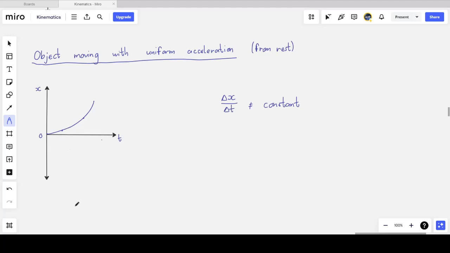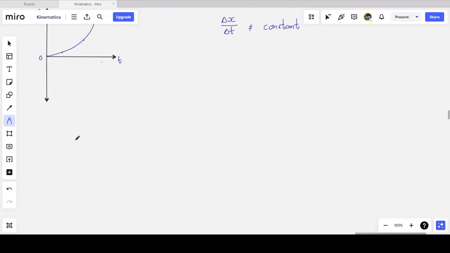So what will our graph of velocity against time look like? Again, this might be stuff that you are not really troubled with, but I think graphs generally can be quite tricky when it comes to kinematics. Now, we did say that the acceleration is uniform, and we said that the velocity, which is delta x by delta t, is not a constant. So this can't be a flat horizontal line.